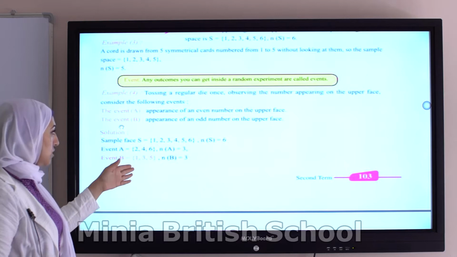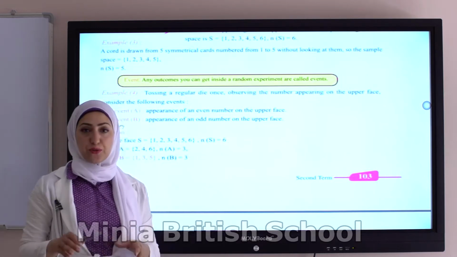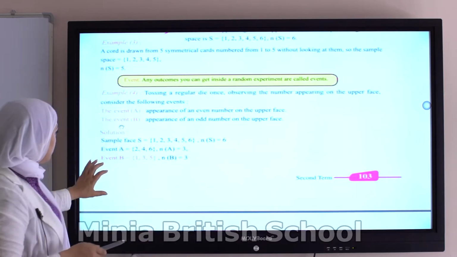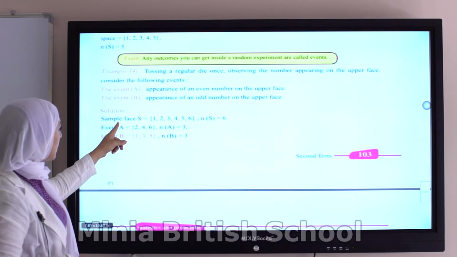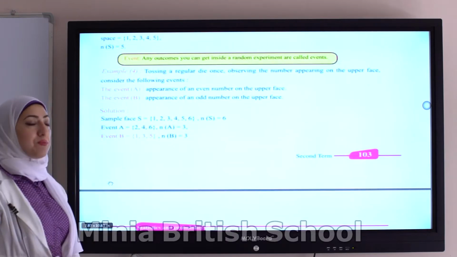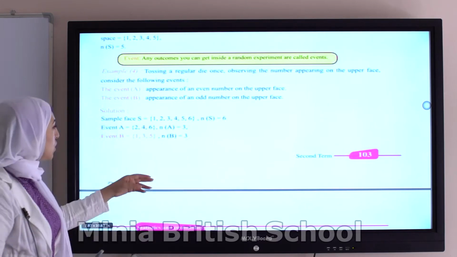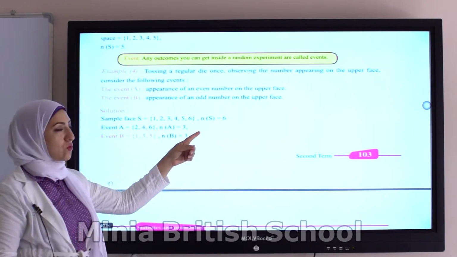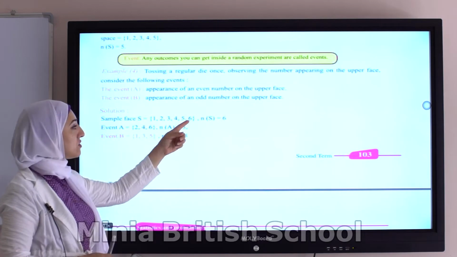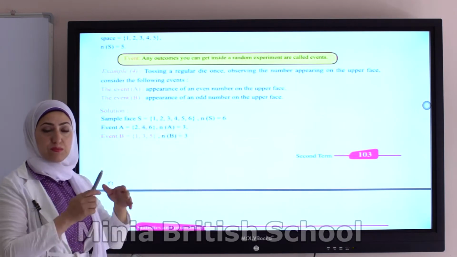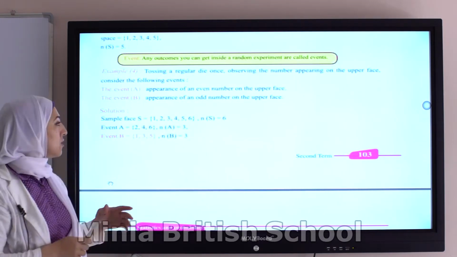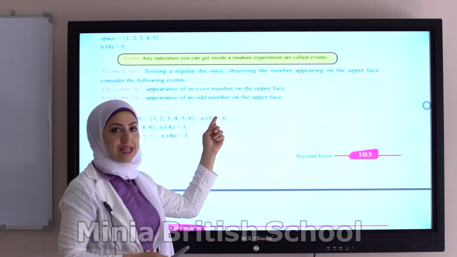Event B: appearance of an odd number on the upper face. We have the sample space, all the possible outcomes, which are 1, 2, 3, 4, 5, and 6. The number of elements of this sample space is 6.